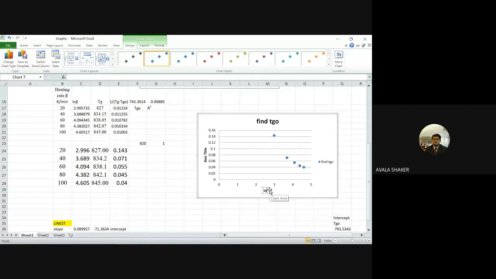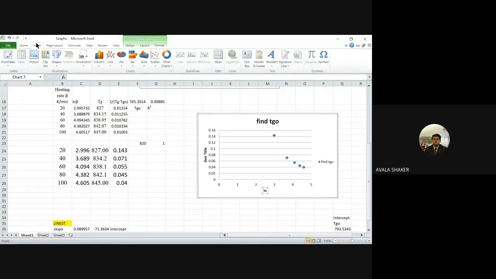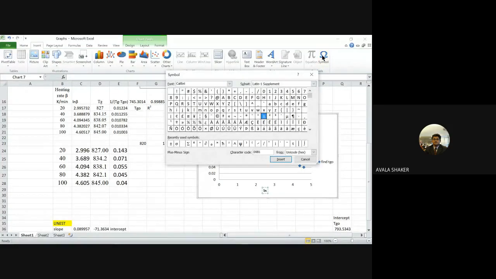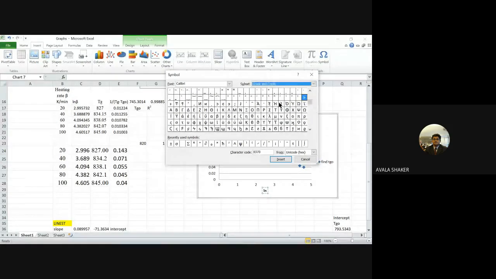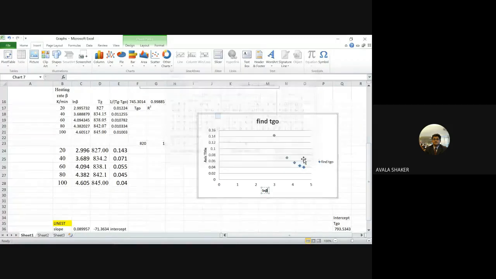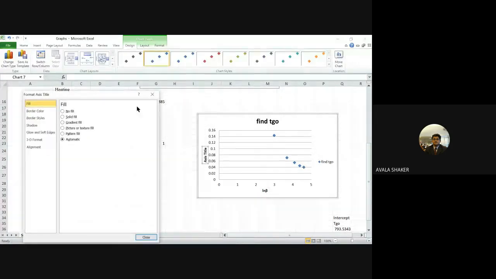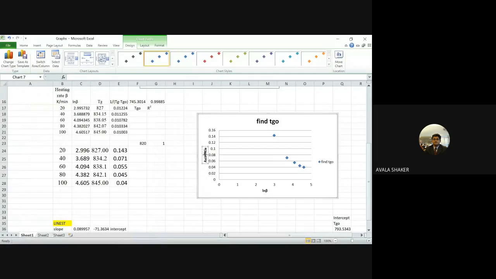So for that beta, we'll have to go to here, insert. Beta value. Insert, close it. Okay. This axis.